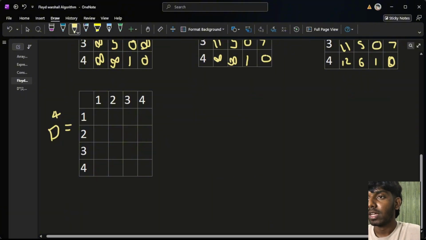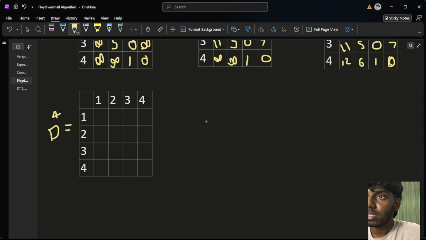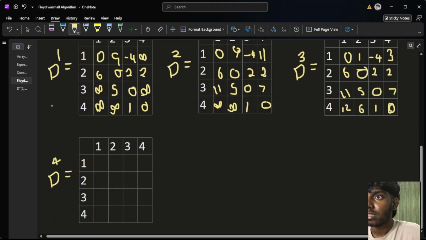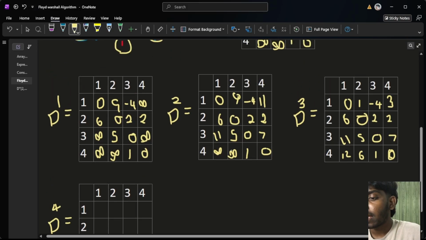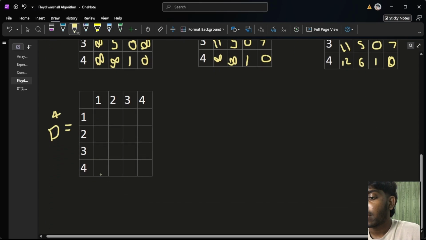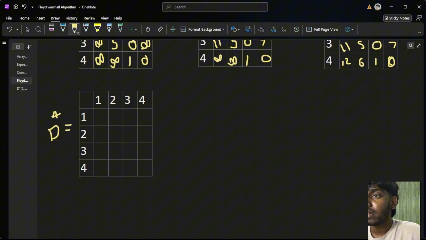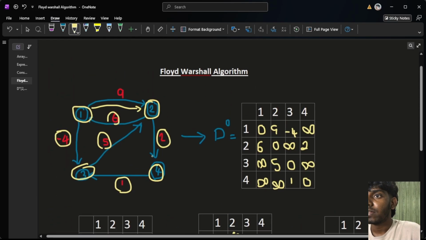So D4 is also done the same way as our previous ones. Right here we consider element 4 as our middle vertex, and D3 as our base matrix, and we are going to implement D4 via element 4.